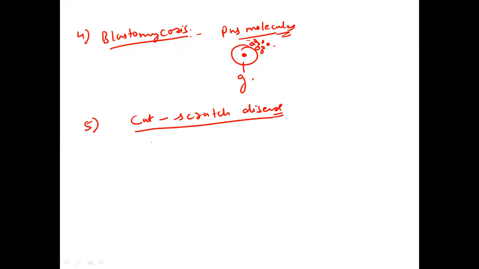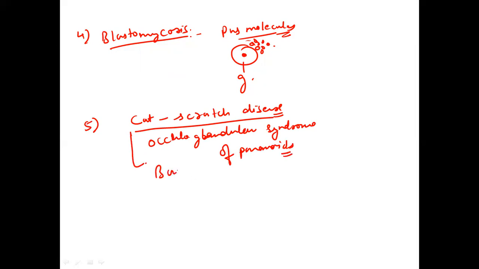It is also called oculoglandular syndrome of Parinaud. It is caused by Bartonella henselae. Okay. So what happens in this? It is a lymph node infection.